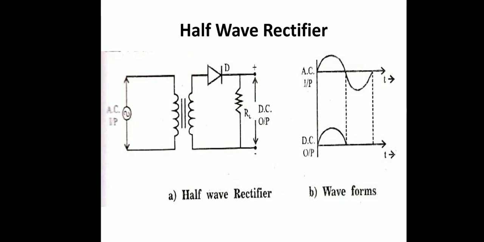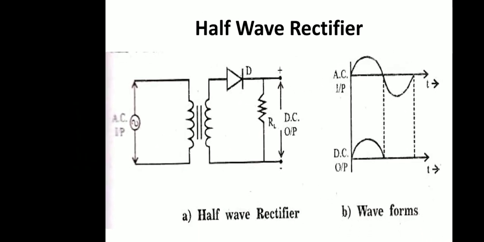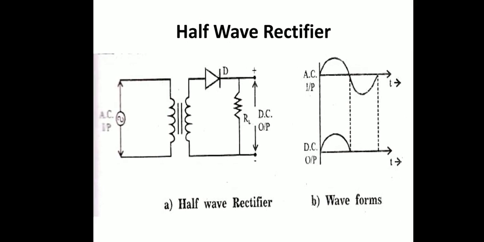When this reverse bias voltage is applied to the PN junction diode, here is the PN junction diode. You can see here the PN junction diode. The reverse bias voltage is applied to the PN junction diode.